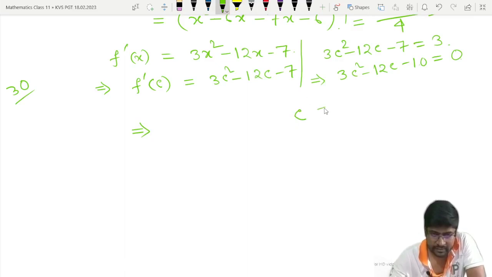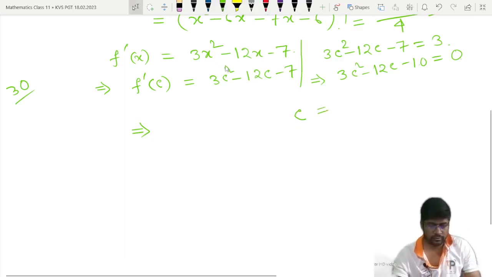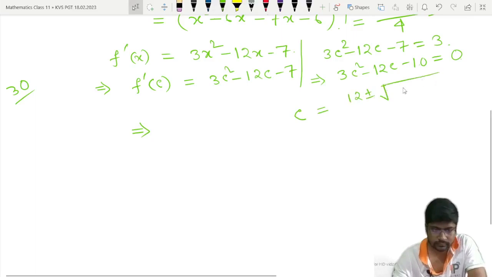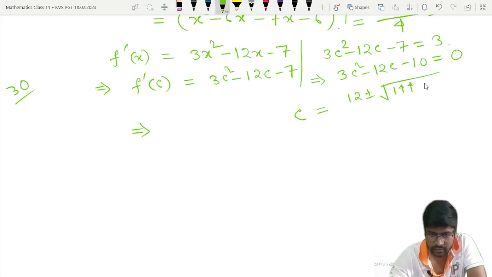c will be equal to, by applying Sridhar Acharya's rule, minus b plus minus root over b square. b square means 144 minus 4ac, 4 into 3 is 12, into 10, 120, so 144 plus 120, divided by twice a, that means 6.